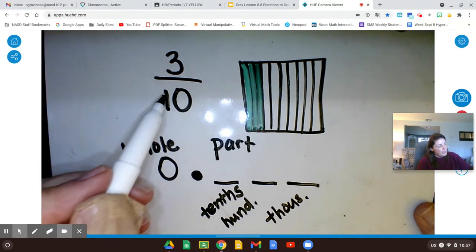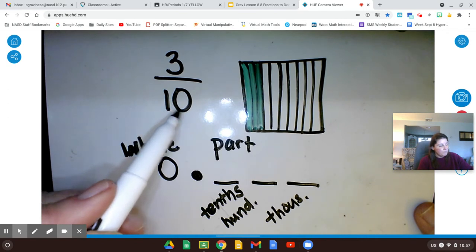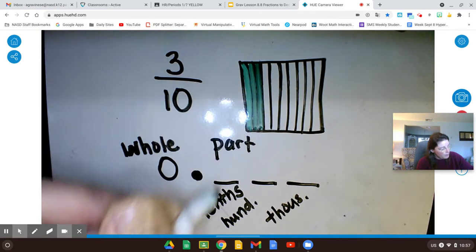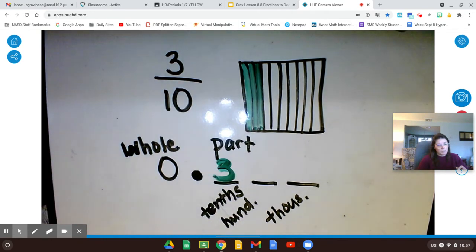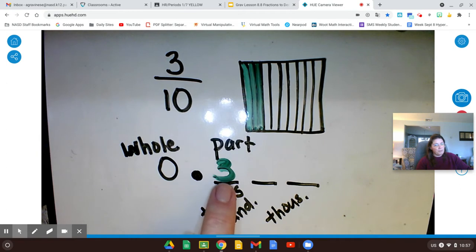So we're looking at tenths, 3/10, which means I need to place a 3 in the tenths position. That's the first spot to the right of your decimal point. So 3/10 looks like 0.3. A 3 in the 10ths place.